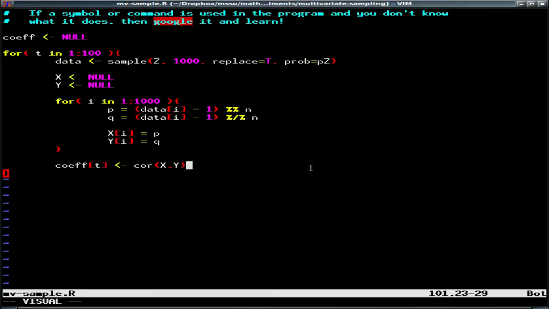Remember from our previous example, it was -1/11, so -0.090909. Those are the values that we are going to be looking for as we actually run this script.